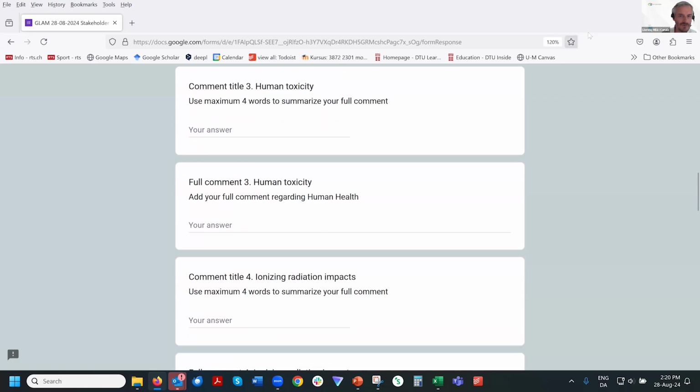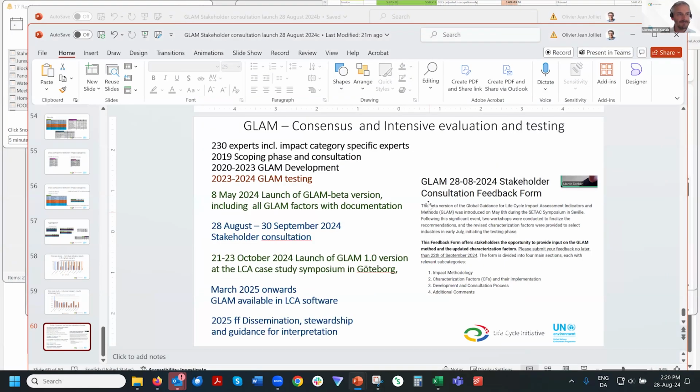Olivier, would you like to talk about the implementation and stewardship before we go into some of the other questions? Yes, correct. So as I said, for the implementation, to make it really broadly available, we needed to have it in software. That's what we saw already for the Valencia workshop and the previous work.